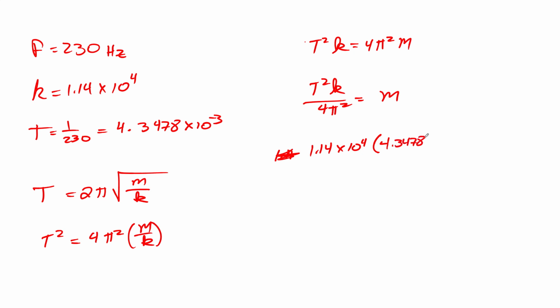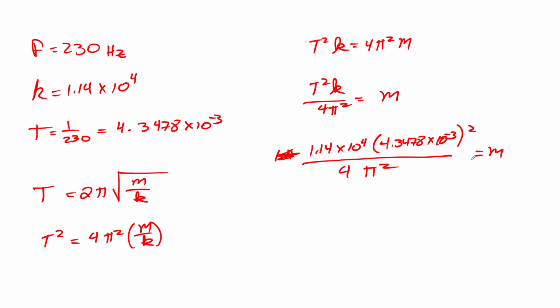T is 4.3478 times 10 to the minus 3, and we're going to square that number. When we get that answer, we're going to divide by 4 pi squared. That's going to give me my mass, and the mass is going to be in kilograms. So I would take that 4.3478 raised to the minus 3, and square that number first.